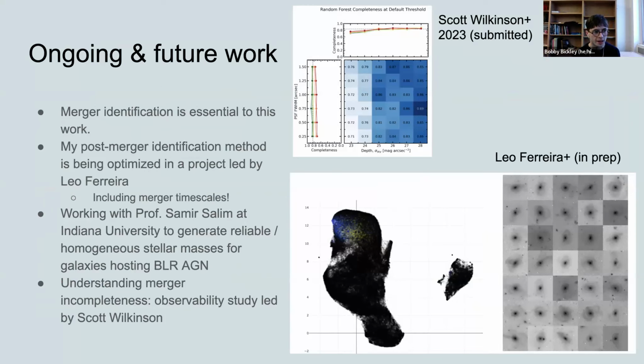So if you throw enough data at it, you can do a lot more. But for this project, we just wanted to give it our best shot to identify as many solid post mergers as we could. And like I said at the beginning, acknowledge the various biases that we incur in doing that.